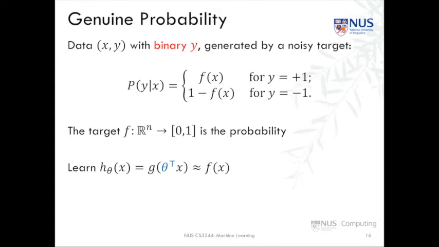To understand why we say it's a genuine probability, it's because, again, we have a binary y, and we can think of the output as being generated by some type of noisy target function. The actual function that we're trying to learn looks like this.